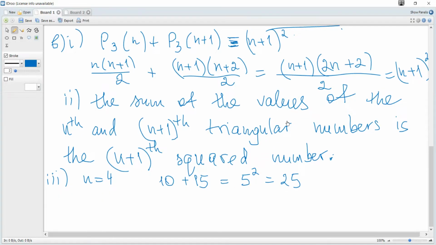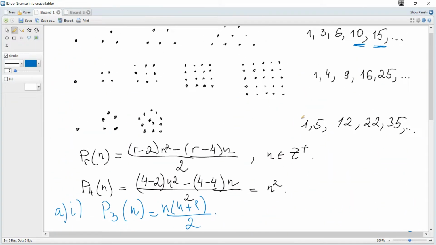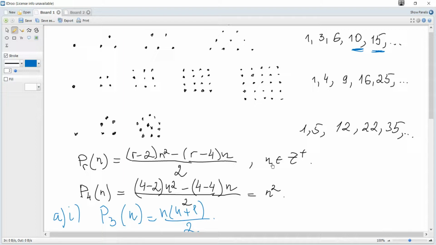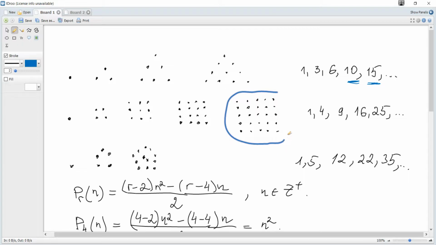Since it's 5 squared, it's a square, it may not be clear what they mean, how to illustrate it. Since it's 5 squared, we can consider a square 5 by 5, and we need to show 10 plus 15, so we can use crosses for 15 and 10 dots.